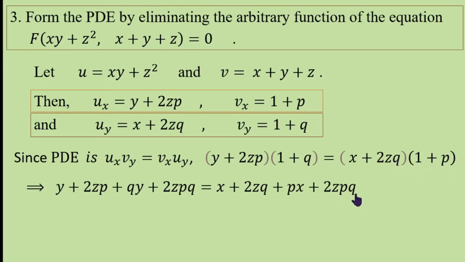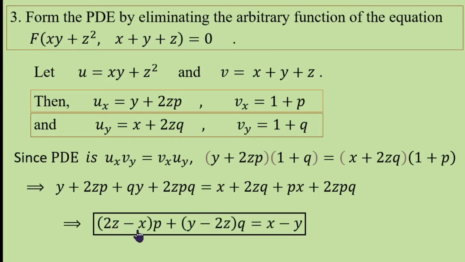Cancel 2zpq on both sides and collect all p first. Here p is 2z and here px. Take the left side, right side, p into 2z minus x, and here qy minus 2zq, take q outside, q into y minus 2z equal to the remaining term other than p and q. Here x minus this y is taken to the right side, x minus y.